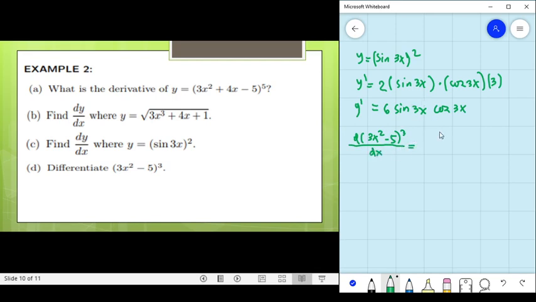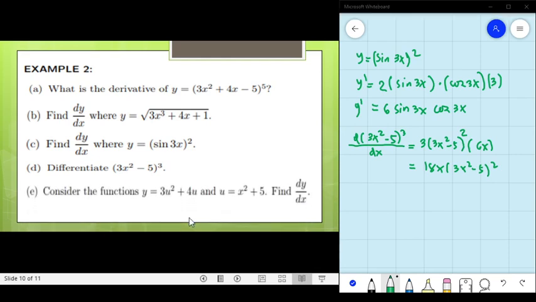Okay, so we have the first derivative of the whole thing, which is 3 quantity 3x squared minus 5 to the second power times the derivative of the inner, which is 6x. Okay, so simplifying we can now have 18x times quantity 3x squared minus 5. So that is the final answer.